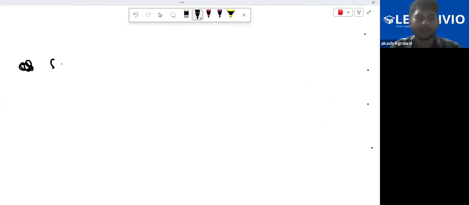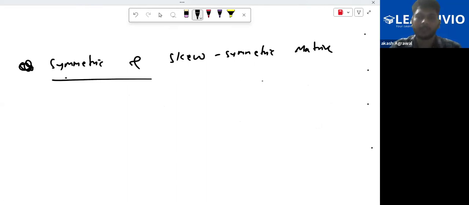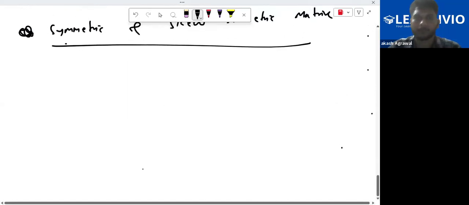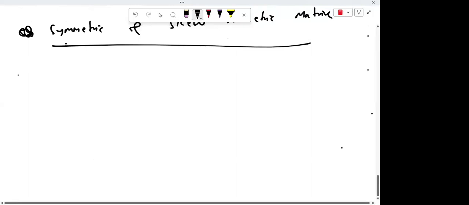Let's start a new topic, which is symmetric and skew symmetric matrix. Okay, symmetric and skew symmetric matrix. Write down the definition.